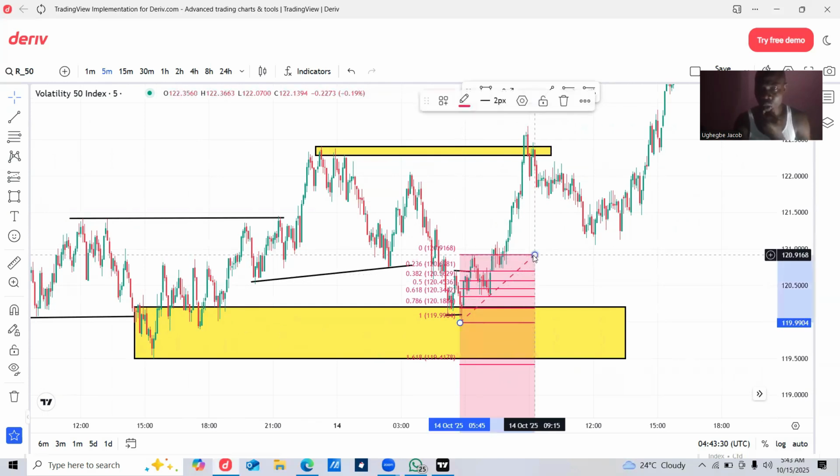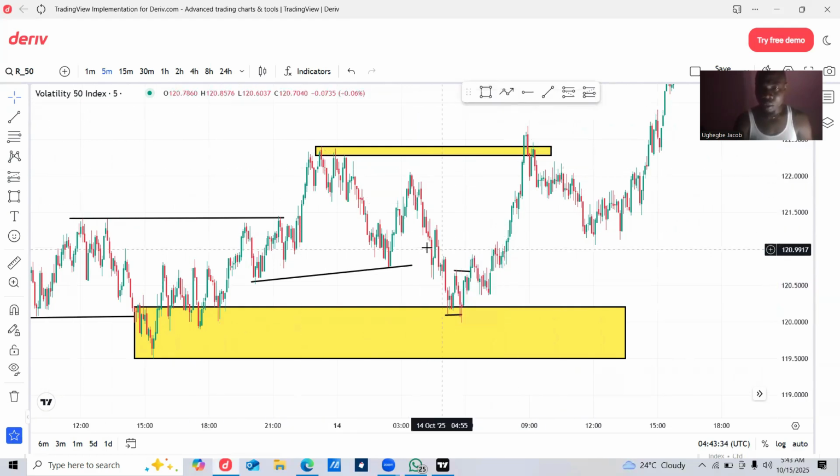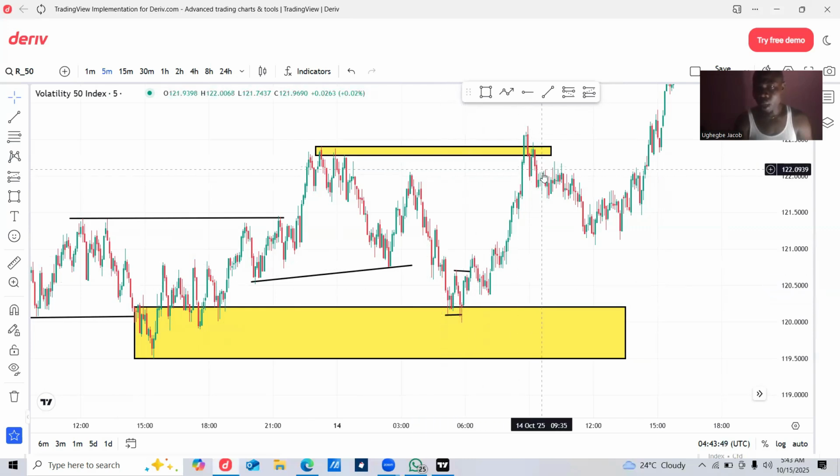If I remove this one, you see that. Let the market return back to this area. The market cleared this low as a liquidity, pushed up to clear this high, then returned back to the fair value gap around this area and pushed higher.